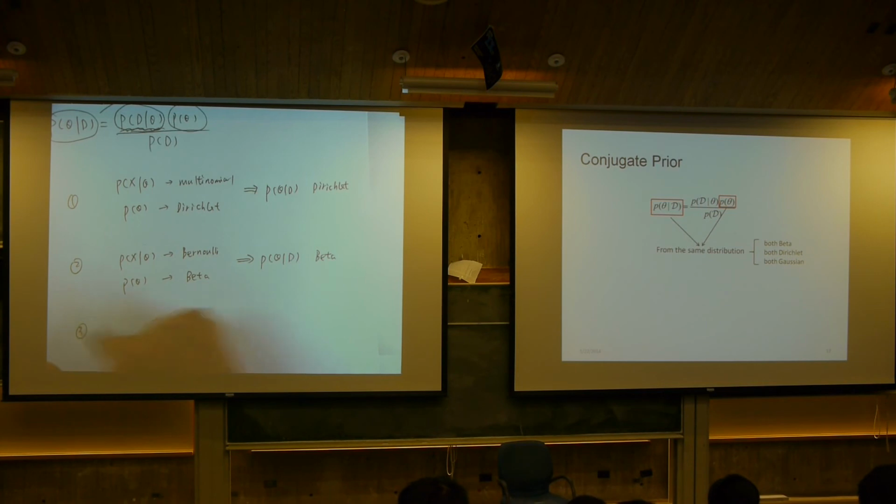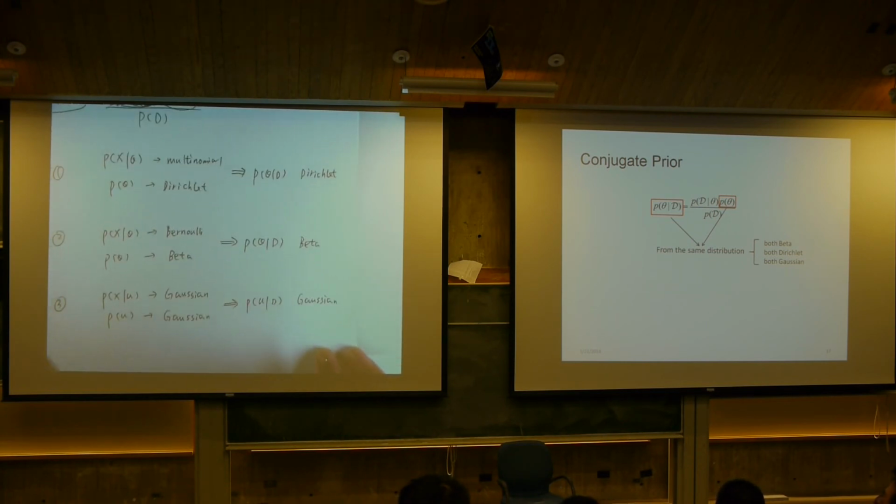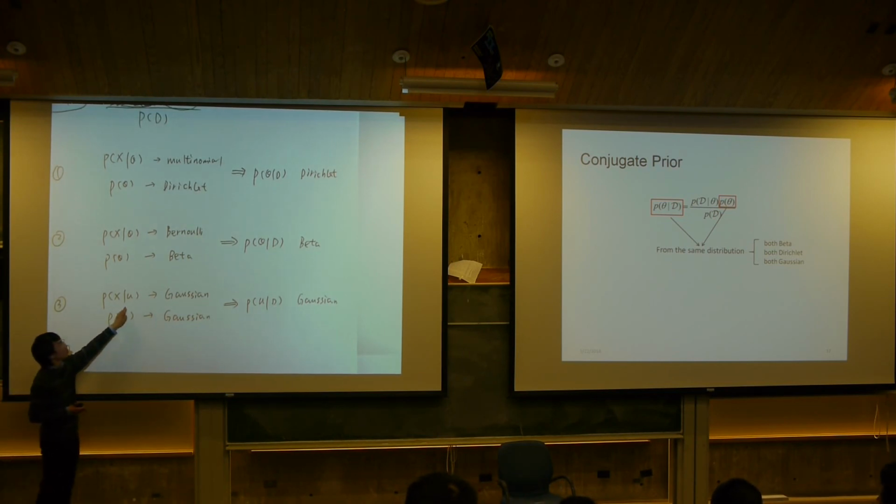And the third case is here, in the Gaussian distribution, we have two parameters, mu and sigma squared.